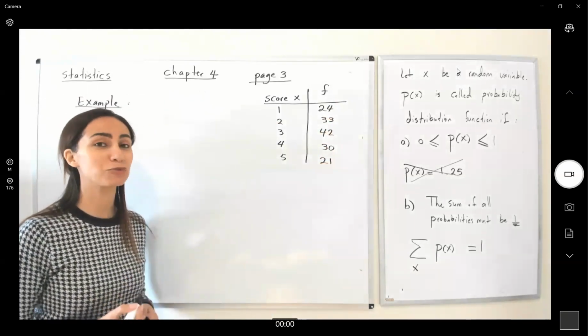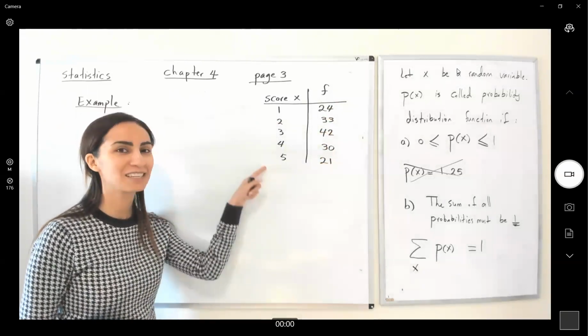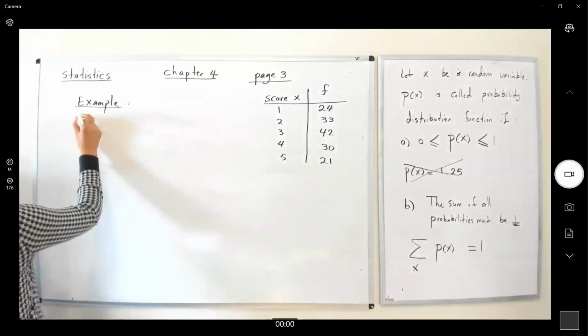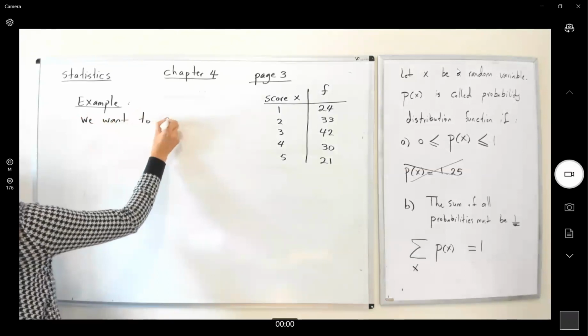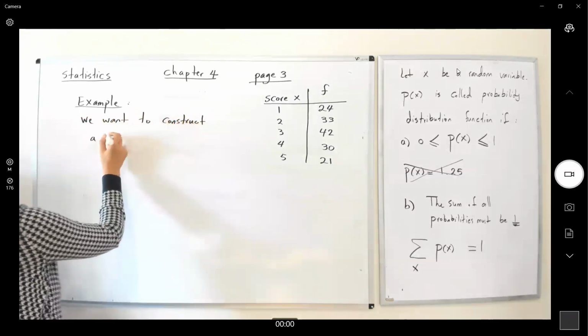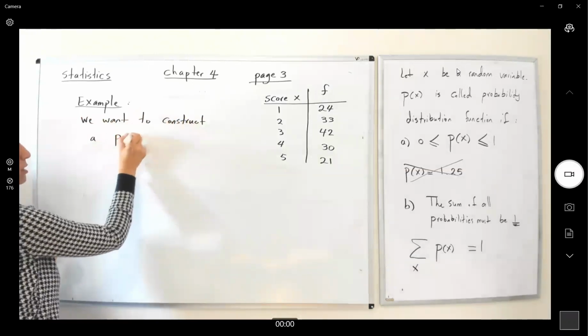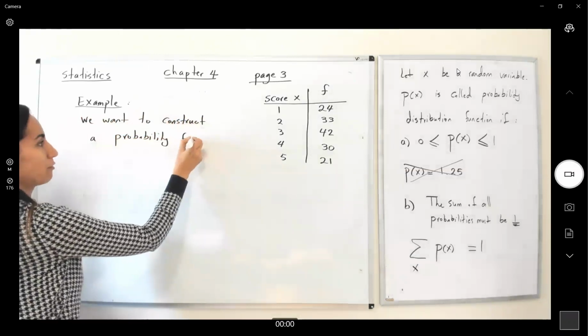Our goal is to form probability function for this variable. So we want to construct a probability function for x.